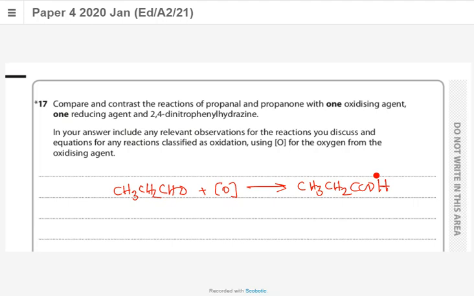both propanone and propanal can be reduced by reducing agents such as sodium borohydride or lithium aluminium hydride.